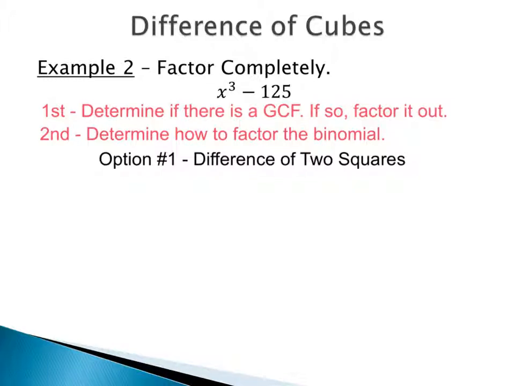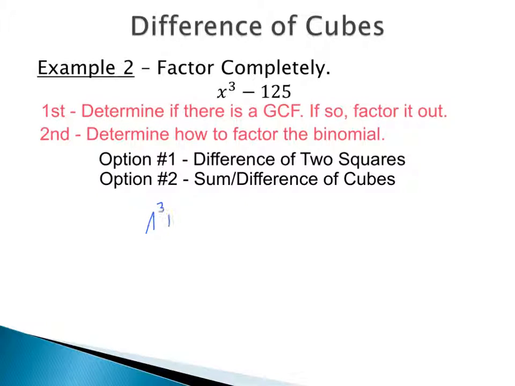Our second option with our binomial factoring would be to use the sum or difference of cubes formula. So if a binomial is considered a sum or difference of cubes, we have two options. So first, if it is a sum of cubes, we would have a cubed plus b cubed. That would factor into a plus b times a squared minus ab plus b squared.